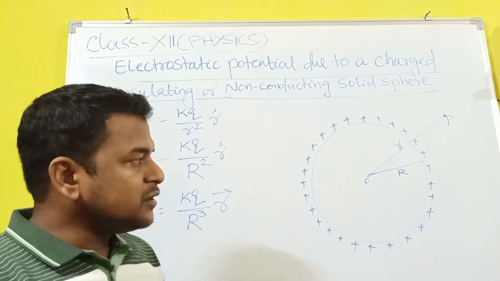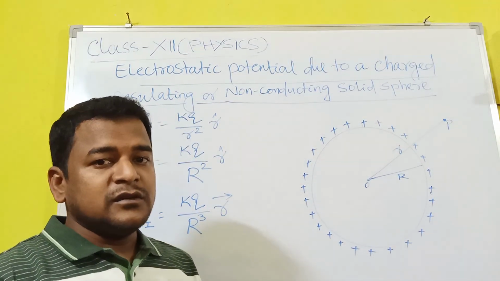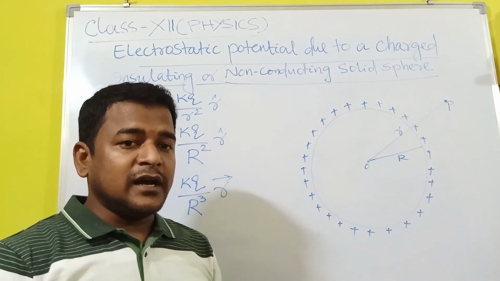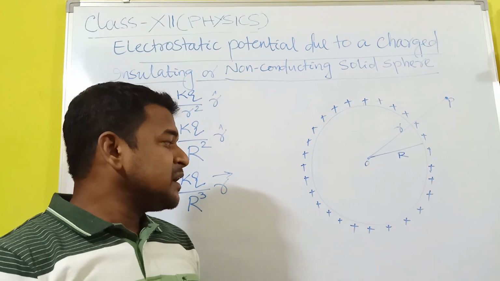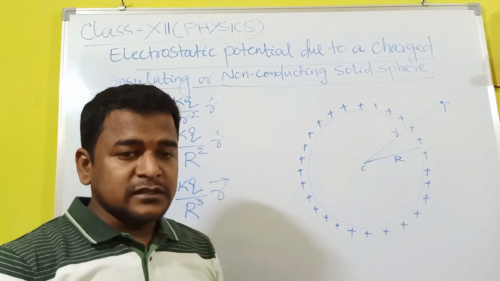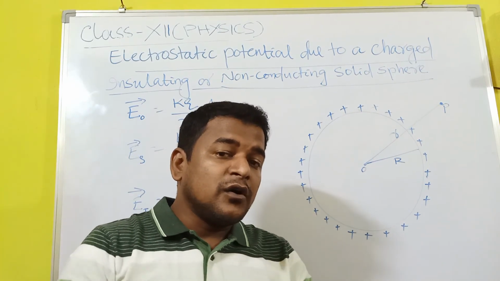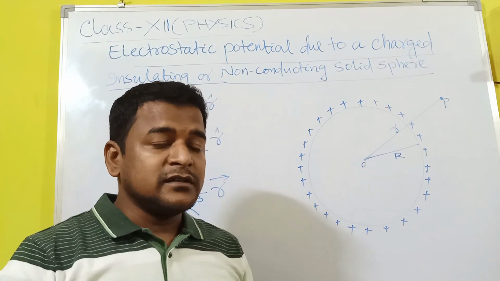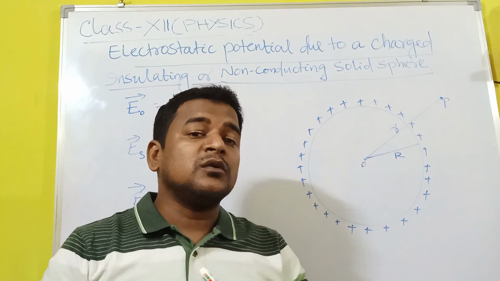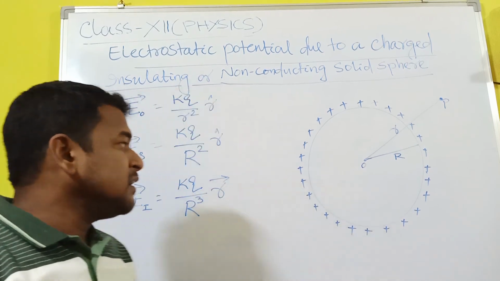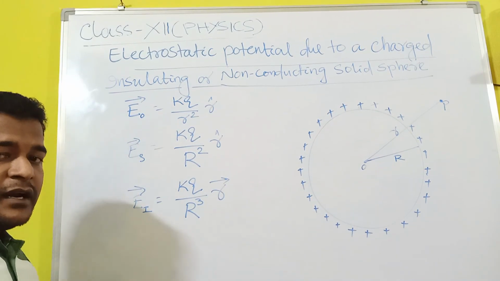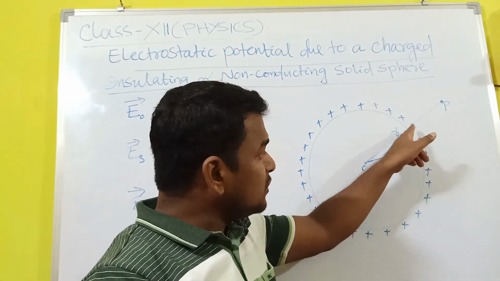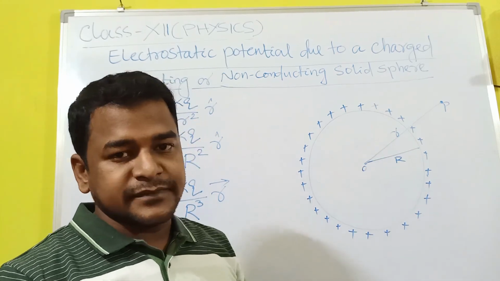What is the difference between a conducting and a non-conducting sphere? In a conducting sphere, the charge resides on the surface of the sphere, whereas in a non-conducting sphere, the charge is distributed throughout the sphere. Now by using these values, we can derive the potential outside the sphere, on the surface of the sphere, and inside the sphere.